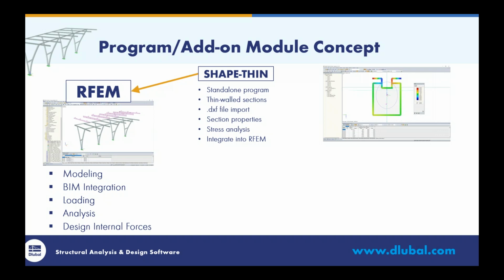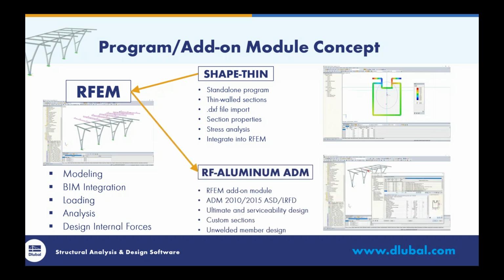Now, if we'd like to do design within RFEM, this is where we'd want to take advantage of the design add-on modules. And in particular, today we'll be looking at RF-ALUMINUM ADM. So this is nothing more than just a dialog box that is within RFEM that allows us to do member design for aluminum per the ADM 2010, the 2015, and we have both ASD and LRFD.